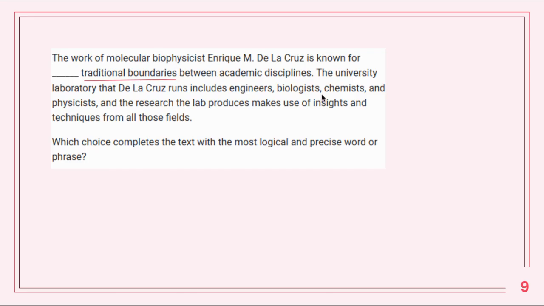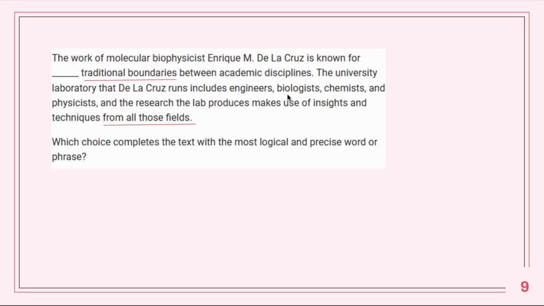Well, the second sentence tells us that. The laboratory he runs includes people from all sorts of different academic disciplines or kind of subjects. So like biologists, physicists, chemists, you know, and the research makes use of insights and techniques from all those fields.